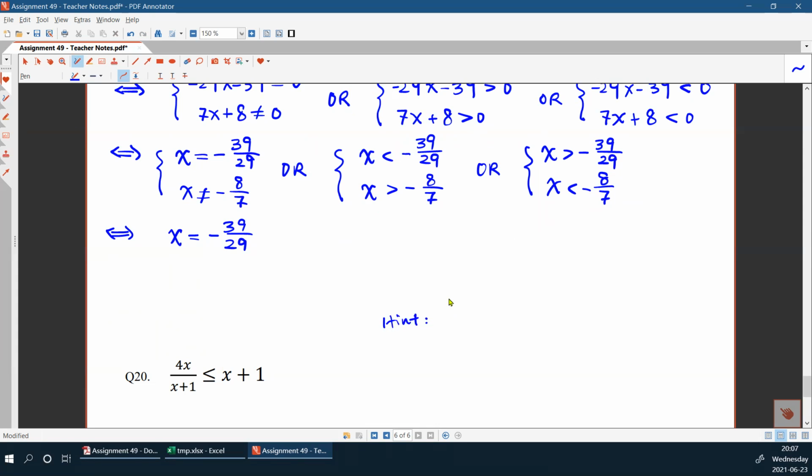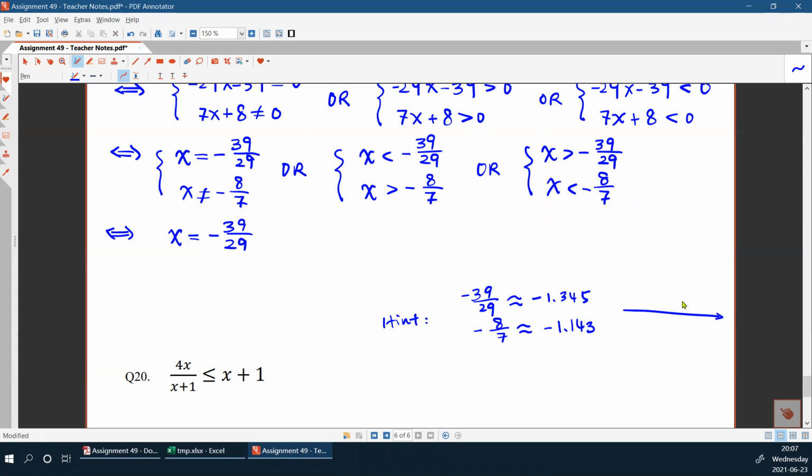Okay, hint: minus 39 over 29 is about minus 1.345. And minus 8 over 7 is about minus 1.140. So which number is larger?